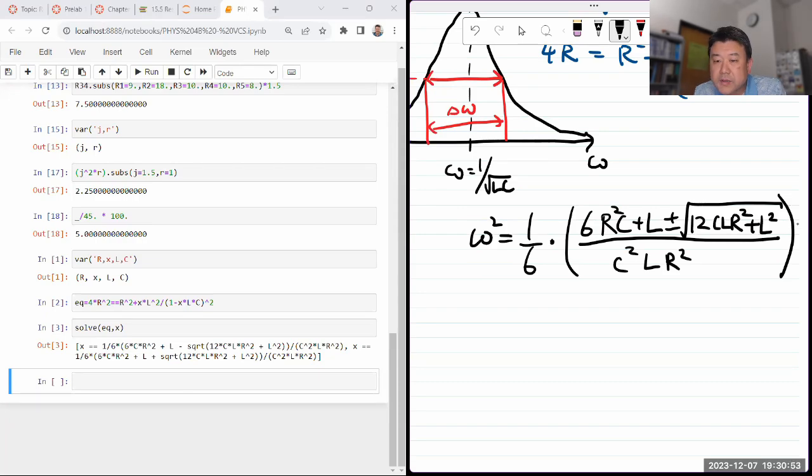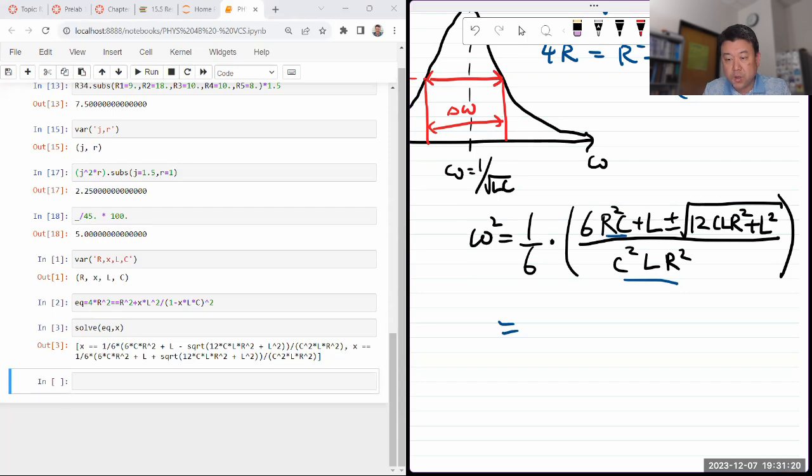As you look at that, let me do a little bit of human simplification so that it's easier for me to attach meanings to things. I think this 6 is kind of redundant. Let me absorb it into the expression. So 6's cancel out, and for the first term let me simplify with the denominator as I write it down. R squared cancels out with that.